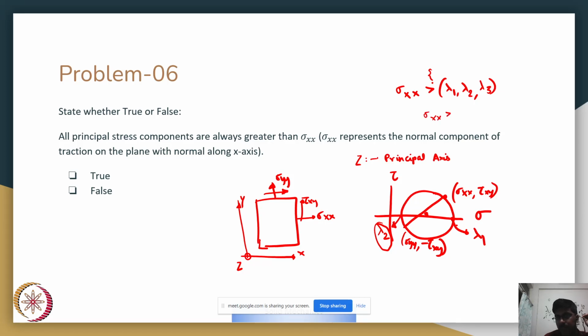Oh, sorry, my bad. We are asked this, but we are seeing this. We are saying the opposite to be true.